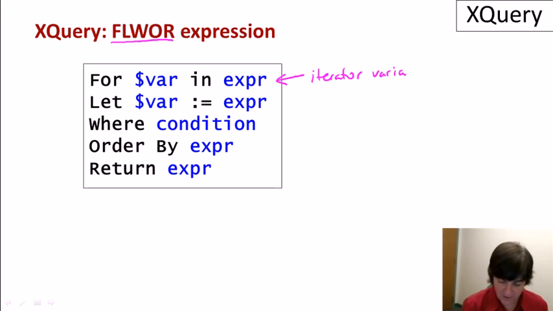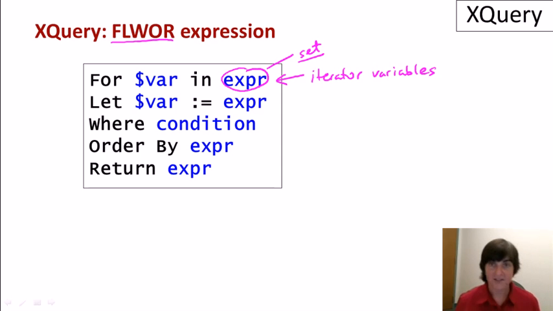The idea here is that in the for clause, this expression is evaluated, and it will produce potentially a set result. And then the variable will be bound to each element of the set, one at a time, and then the rest of the expression will be evaluated for each element. So in other words, if this produces a set of n results, then we'll effectively evaluate the rest of the query n times. We'll see that much more clearly when we do the demonstration.